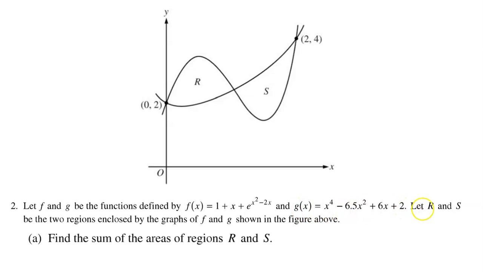this function. Let R and S be the two regions enclosed by the graphs of f and g shown in the figure above. Part A. Find the sum of the areas of region R and S. We know that if you integrate with respect to x, you can find the area between two curves by integrating the top function minus the bottom function.